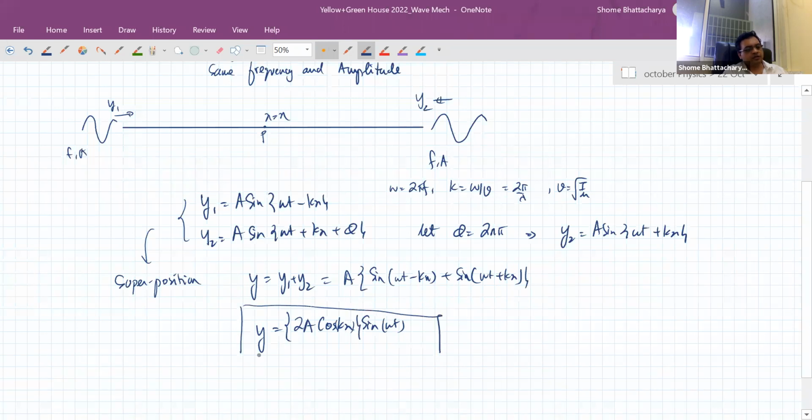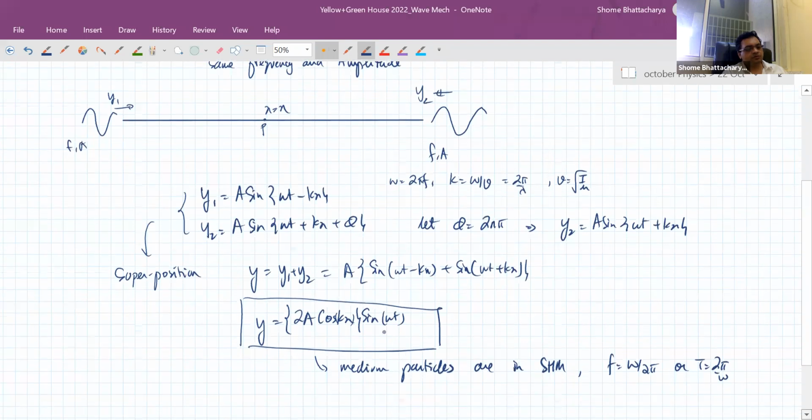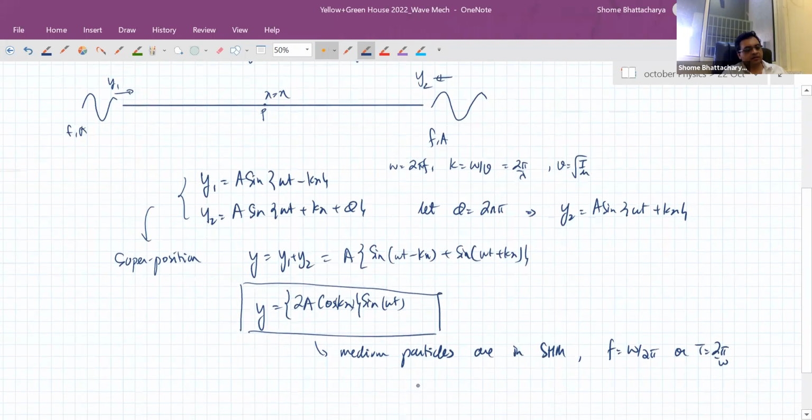So we can see that medium particles are in SHM with frequency equal to omega by 2 pi, or time period equal to 2 pi by omega, but they have an amplitude, which is the term I've written in brackets.